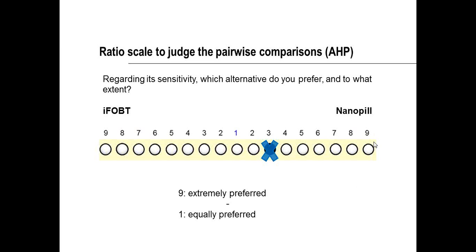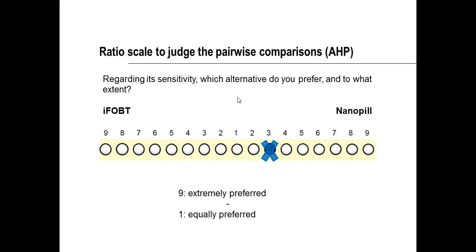For instance, if you say, well, I do prefer the nanopill because the sensitivity is higher than the FOBT test, then you will give a score on the side of the nanopill. And a 3 just means it's moderately more preferred than the FOBT test. If you would have given a 9, then it would say the nanopill is extremely more preferred than the FOBT test, and the 1 means they're equally preferred.